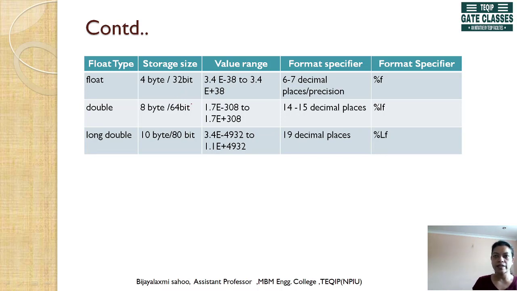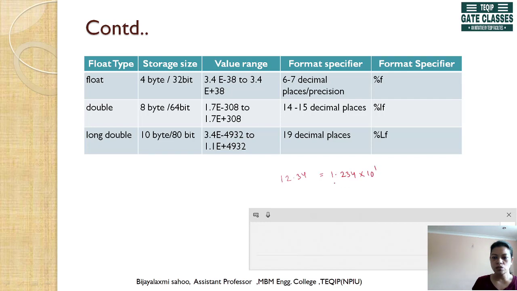That means you can write 12.34, for example, as 1.234 times 10 to the power 1. So this decimal point is not fixed. You can change it either towards the left or towards the right. That's why it is called floating point. That means the decimal point floats through. So in the case of a floating point number, you have two parts, that is your fractional part.